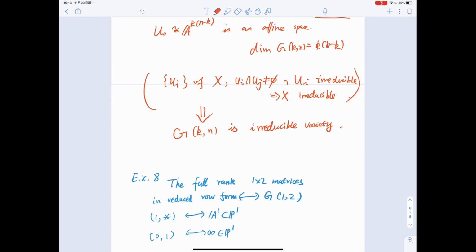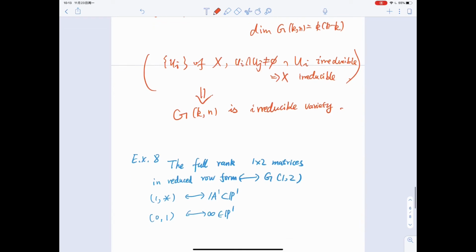In the next example, we take the full rank 1 times 2 matrices in reduced row form, and they are of the form of these two.